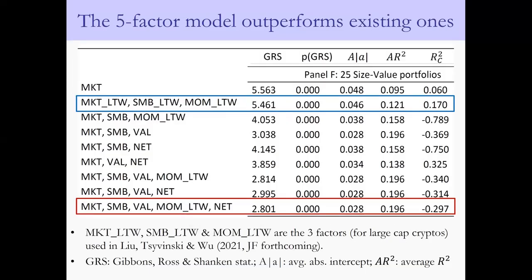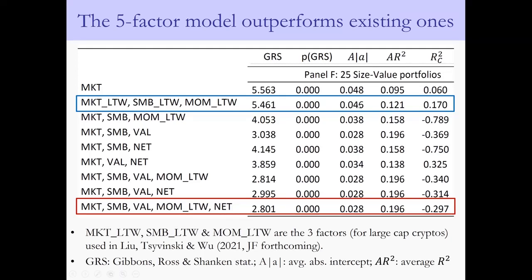Now, from here, you can see that this is a 25 size-value portfolio sort for the 4th sample. And if you compare the 5-factor model here in the red box versus the 3-factor model in Liu, Tsyvinski, and Wu's forthcoming paper, you see that the 5-factor model does improve the time series fit along many dimensions, right?